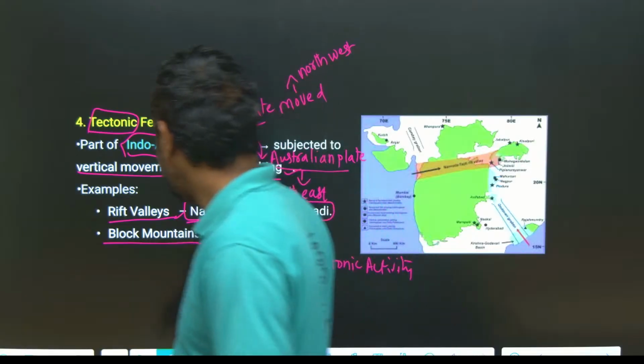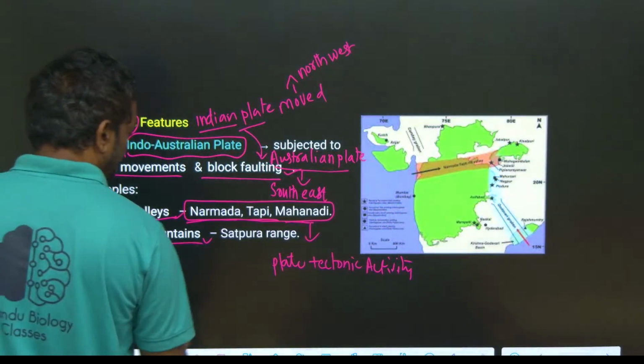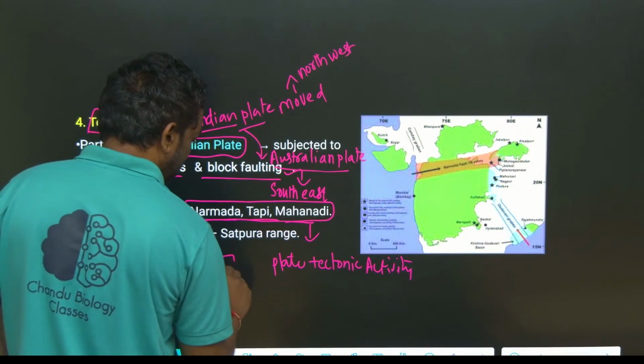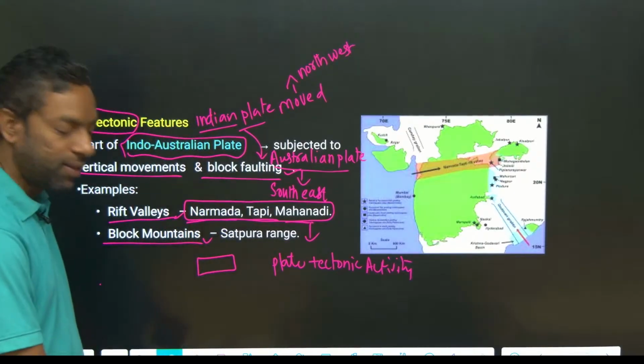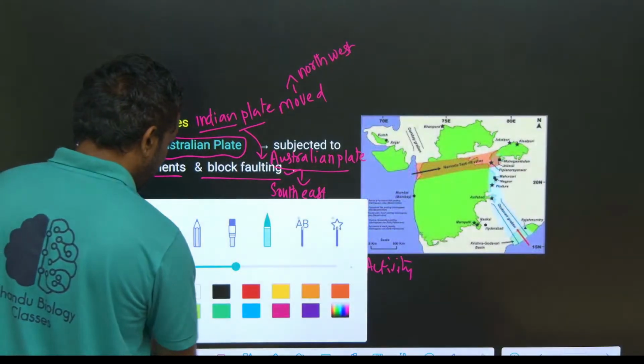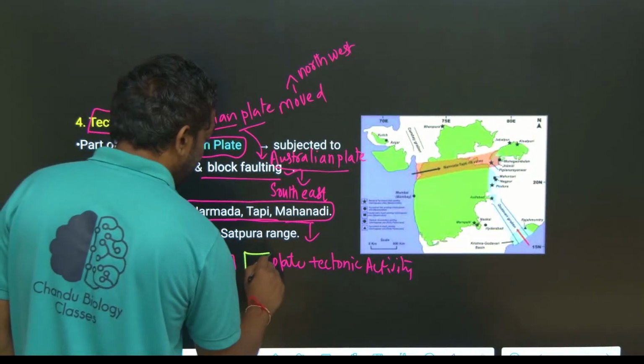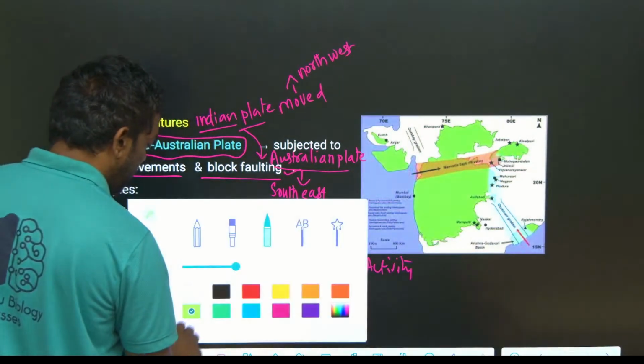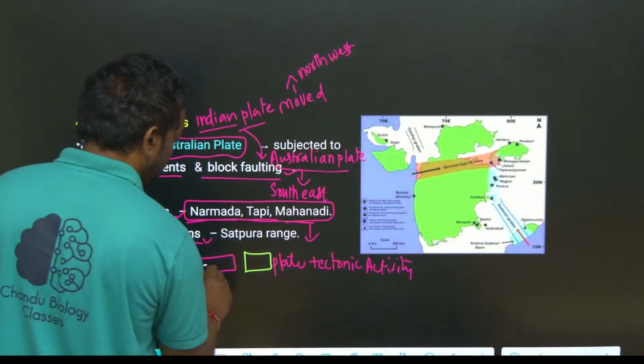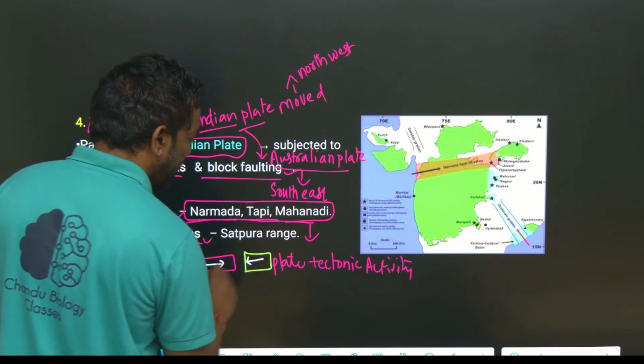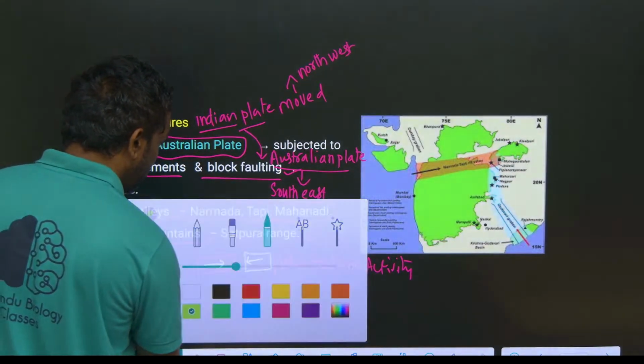As an example, this is one plate in the earth's crust and this is another plate. If they move forward together, this is convergent plate tectonic activity.